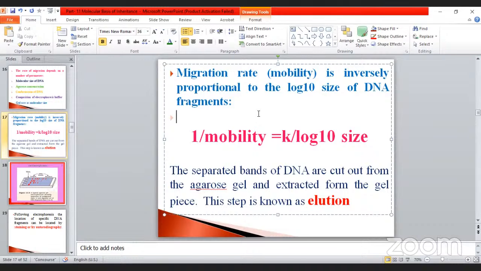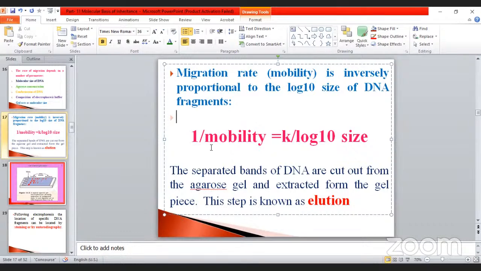They have given us a small equation; sometimes they may ask a question. Note it down: 1 divided by mobility is equal to K, a constant, divided by log 10 size. This is the equation. Don't forget, my dears.